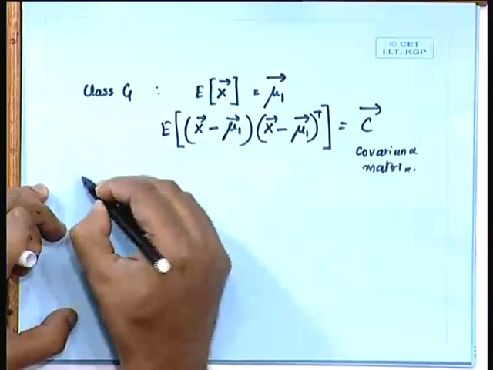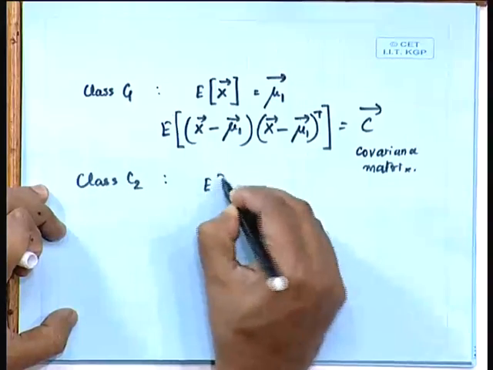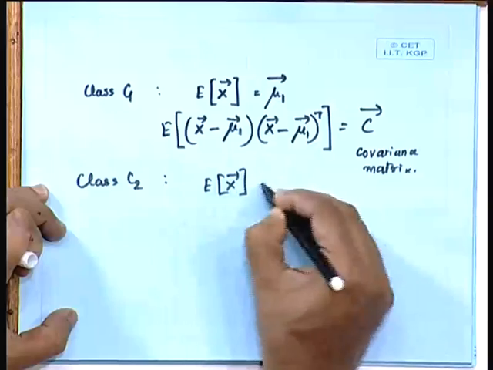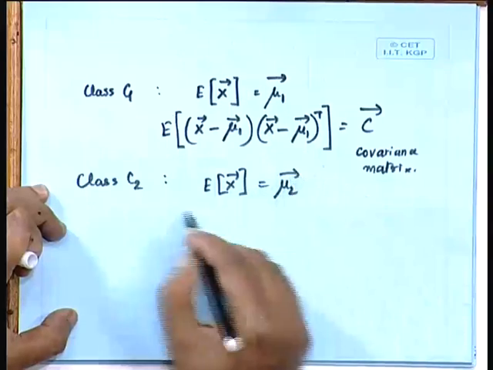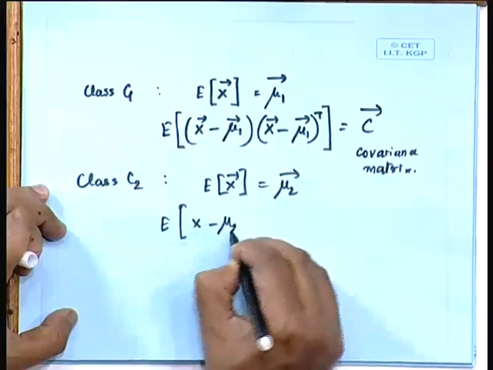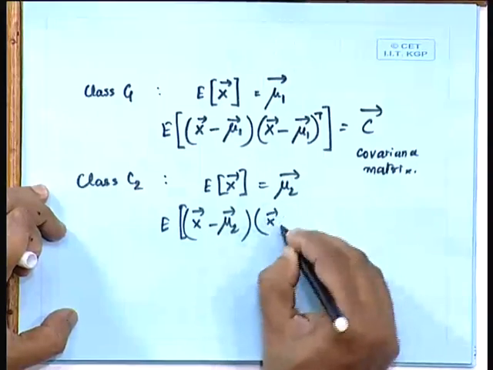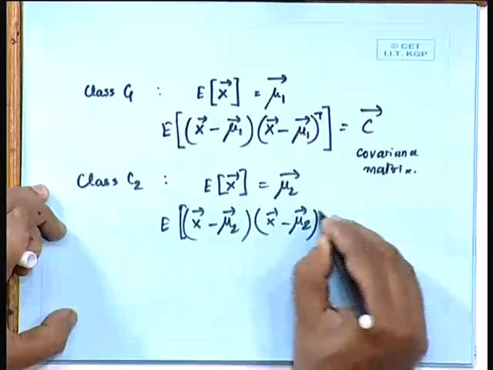Very similarly, for the case of class C2, we have the expectation of the x vector equal to mu 2 vector, and the expectation of (x minus mu 2) outer product with (x minus mu 2) transpose.